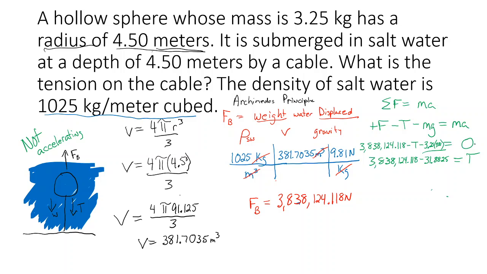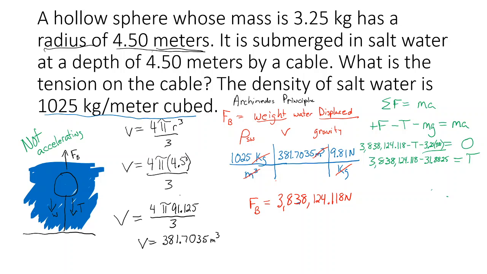In working this out, I made a very, very big hollow sphere, 4.5 meter radius. You think about this thing, this ball would be huge underwater. That's why we have such a big buoyant force.